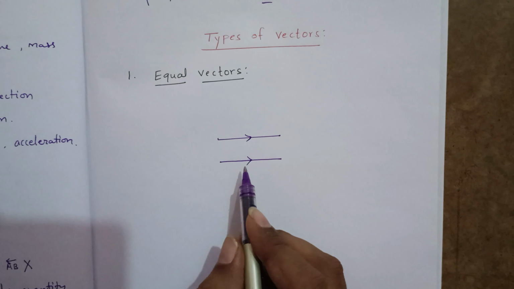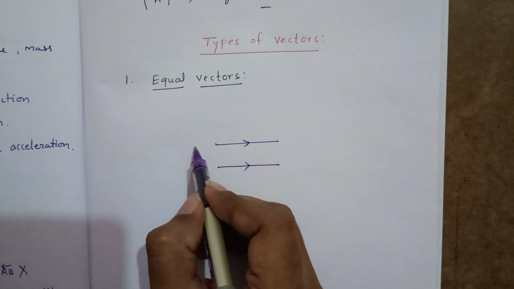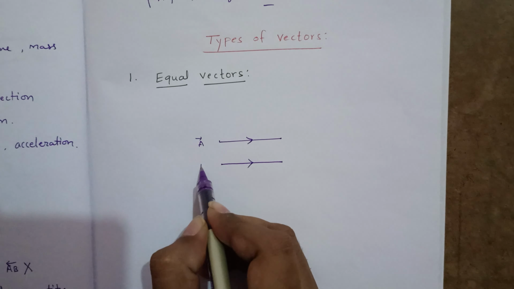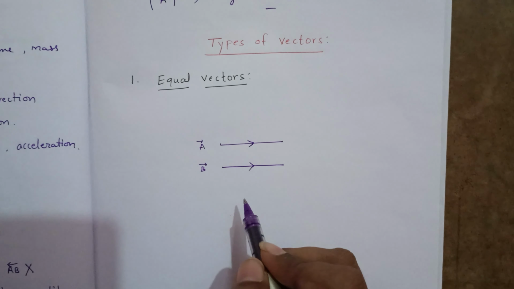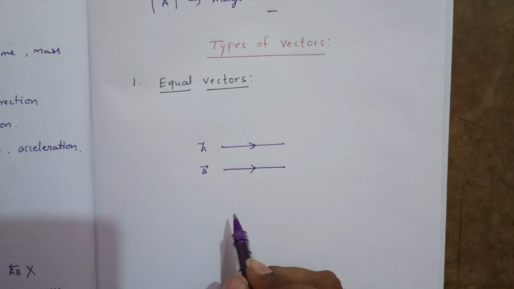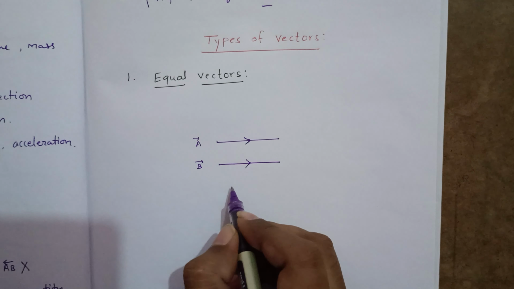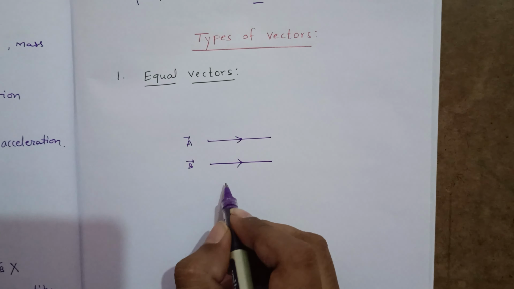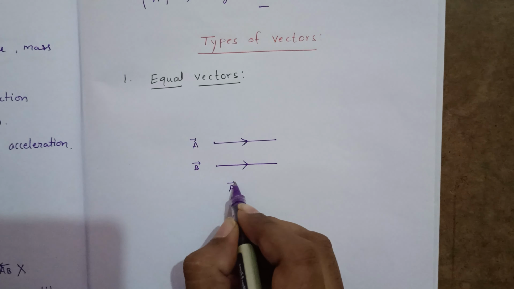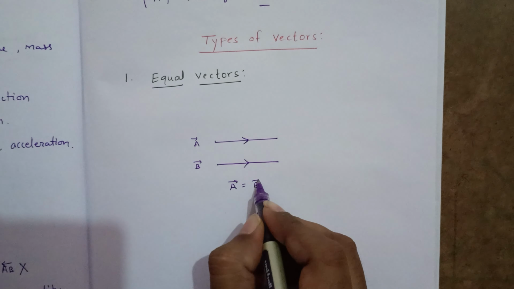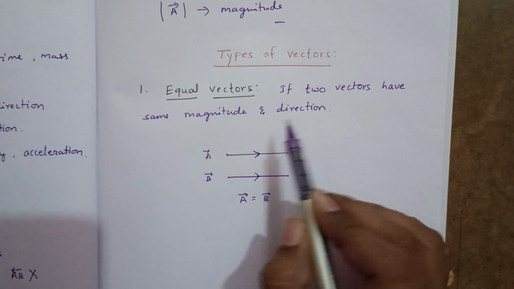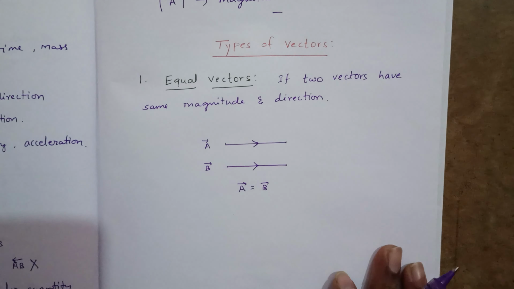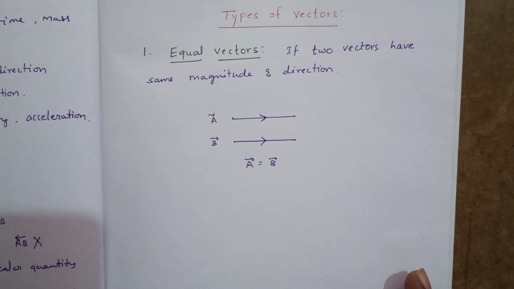If two vectors A bar and B bar have the same magnitude and direction, then they are equal vectors. Now we can write A bar equal to B bar.